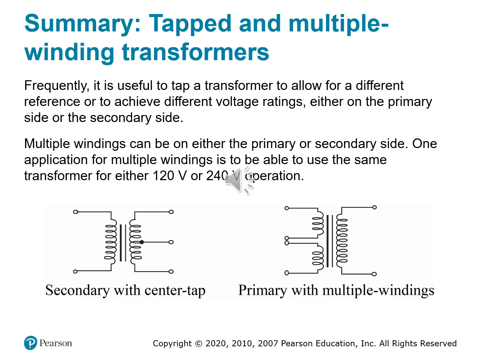On the right side, we see a transformer with multiple windings in the primary. Why would you want that? To allow for operation at different input voltages, like 120 volts or 240 volts. These configurations are common in power supplies for international equipment, audio gear, and industrial control panels. Depending on how the windings are wired, in series or parallel, the transformer adjusts to match the incoming voltage.